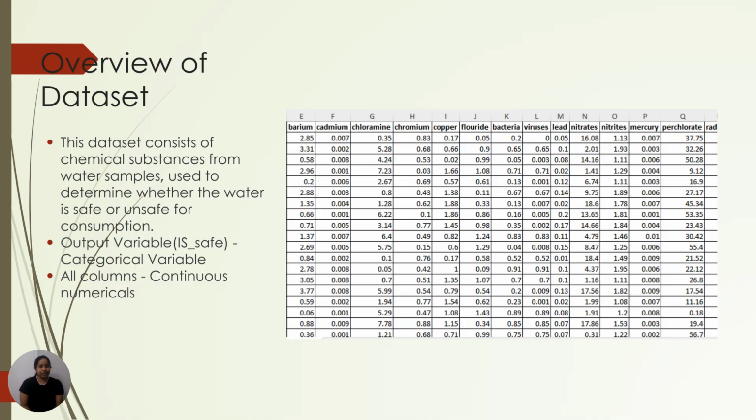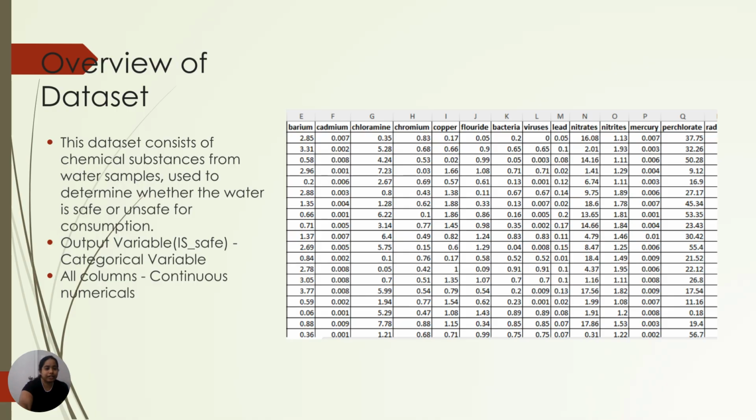It contains values like 1 and 0. 1 means the water is safe, and 0 means the water is unsafe. Since text variables or the 1 and 0 numericals can be considered a categorical variable, and our output is a categorical variable, we'll perform a classification task on this data set.